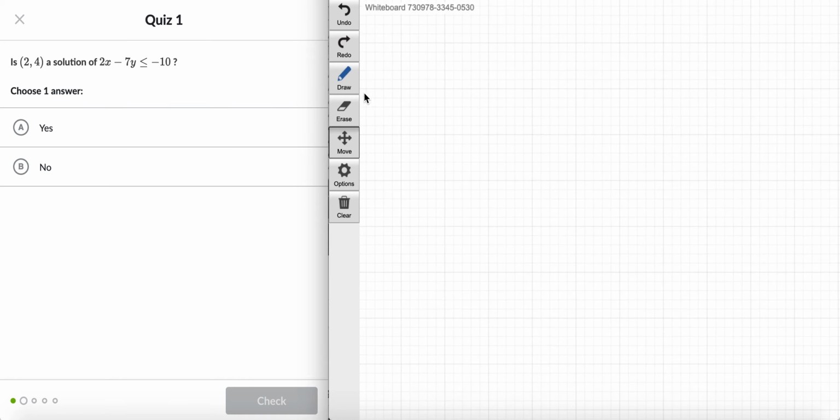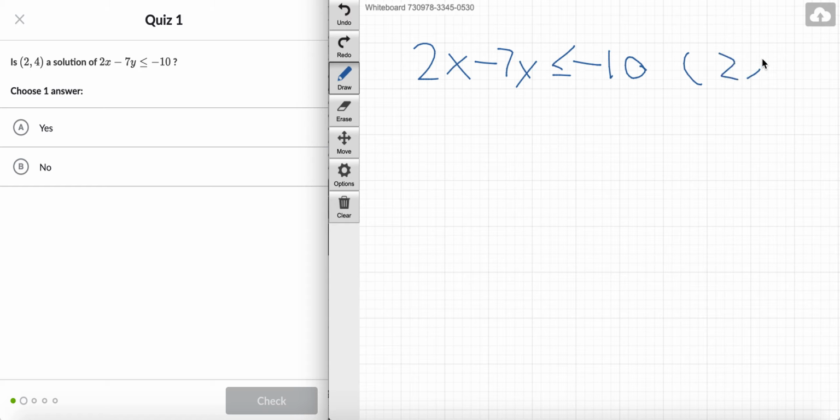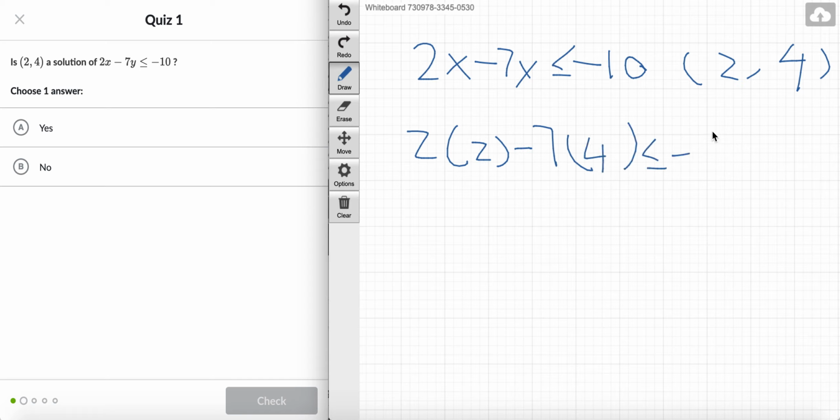Another similar question, except it's not a system anymore, which is good since we just need to verify one inequality. So, is 2x minus 7y smaller than or equal to -10? Plug the answer in. 4 minus 28.